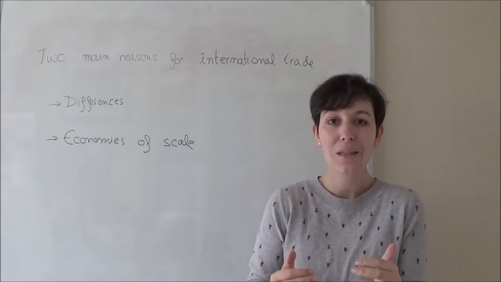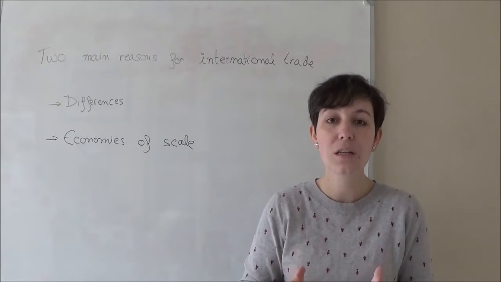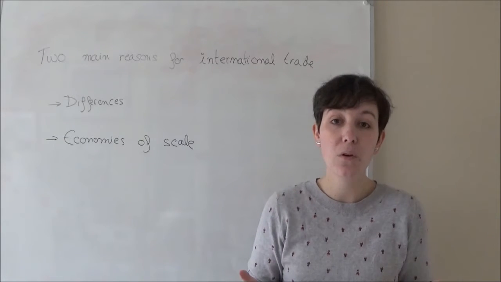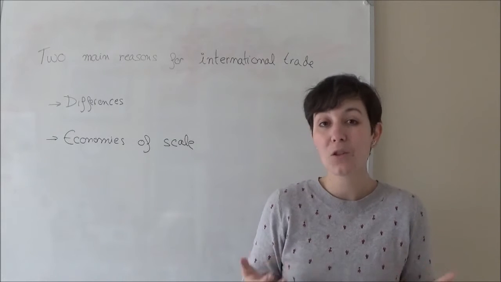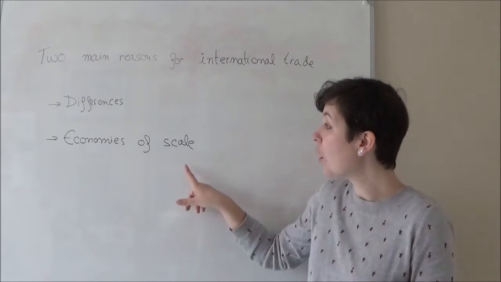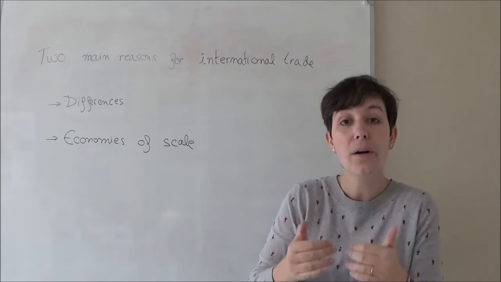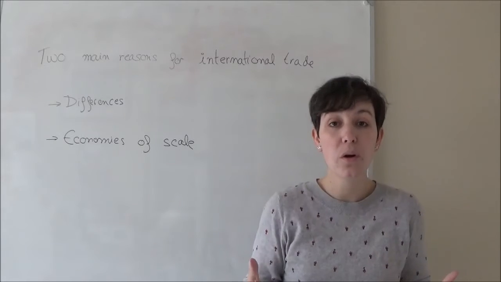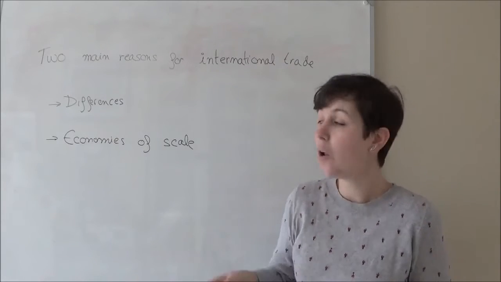So the production of each unit is going to be at a lower cost the higher the volume of production. That's why international trade is interesting, because as a producer you are going to have a lower cost per unit, and as a consumer you are going to enjoy cheaper prices, okay, lower prices.